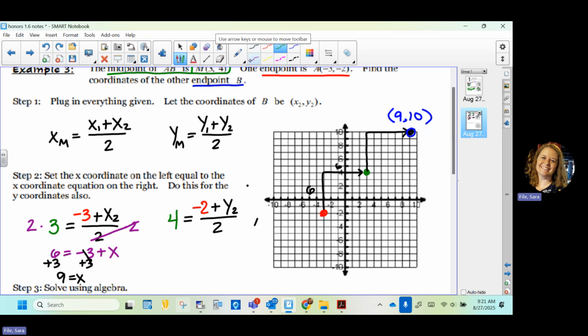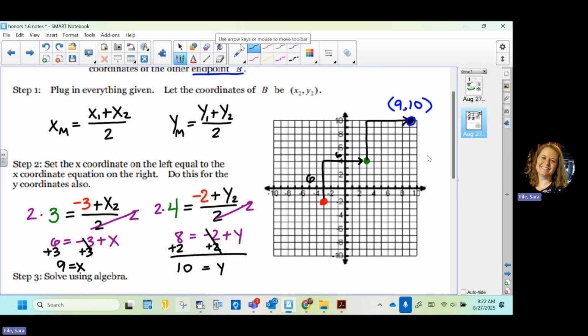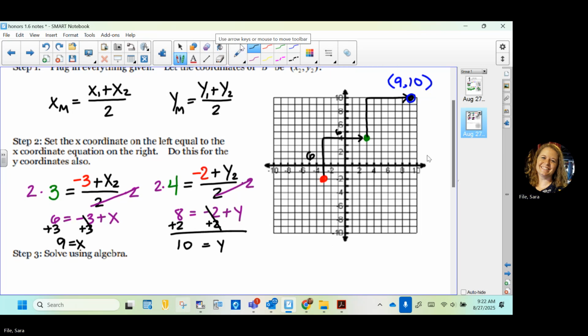I would work this backward the same way I did for the x's. I would multiply the 2 to the other side, add the constant 2, and I would get 10, which is also what I got by counting. So you get the same 9, 10, whichever way you do it.